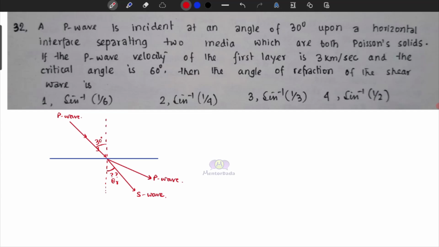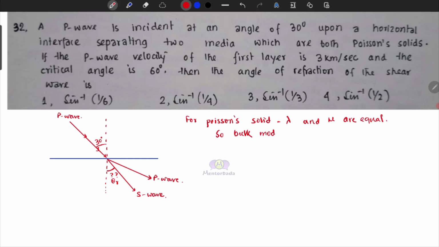In this question it has been given that both materials are Poisson's solids. For a Poisson's solid, Lame's constant and shear or rigidity modulus are equal.